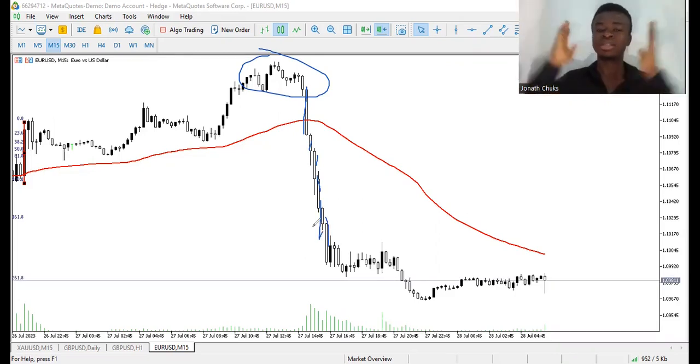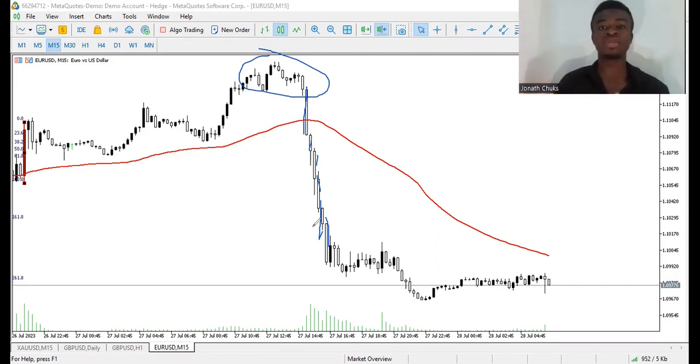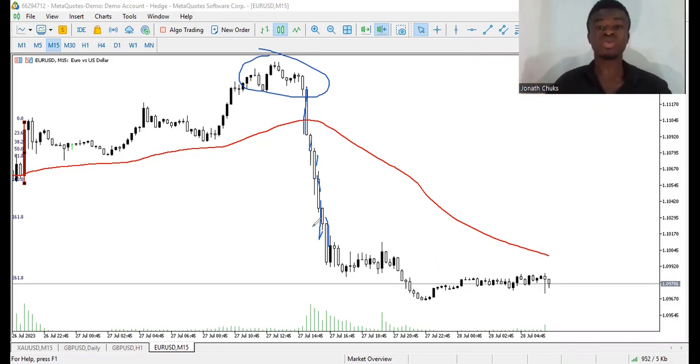Can you see? That means the institutions are there, but all of them are still following a particular trend. Do you understand? There is no competition between the buyers and the sellers, or the institution and the retailers. Everything was just going smoothly, like just an order block. I believe that if you go to a higher time frame, this place is just an order block. So there was not much manipulation there.